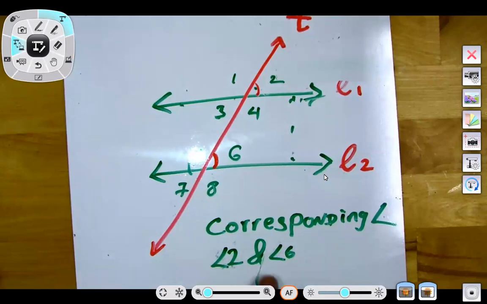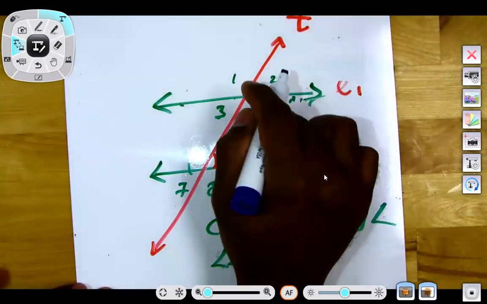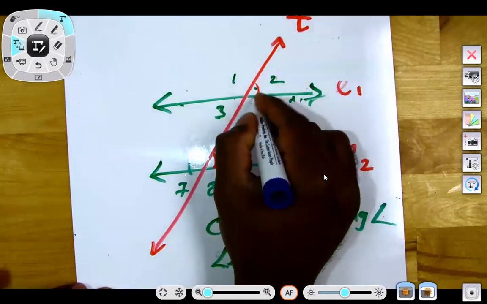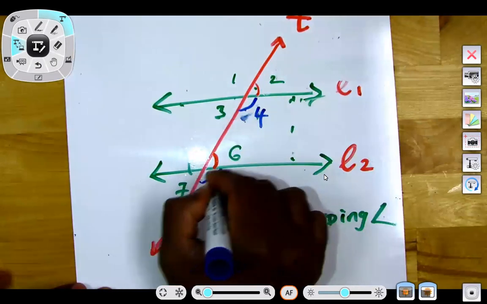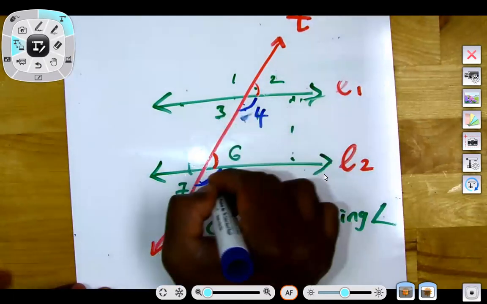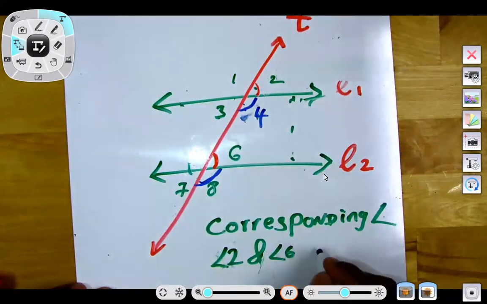What is the other one? Also, you can say this angle. It's on the same side, an identical position on each line, which is angle 4 and 8.